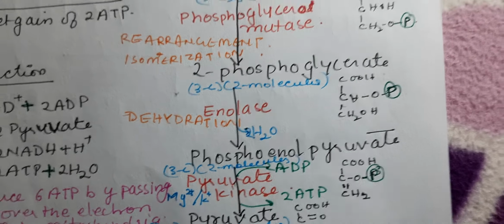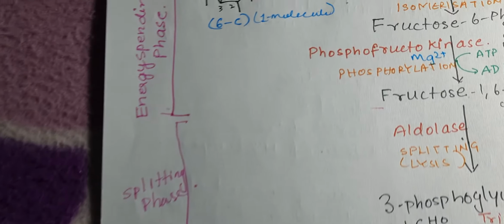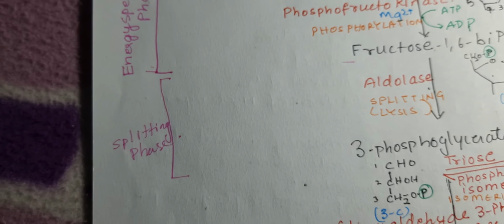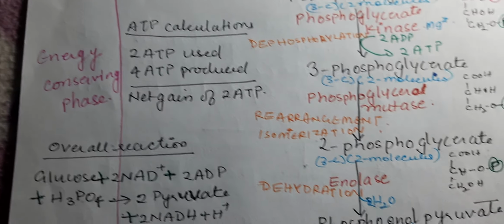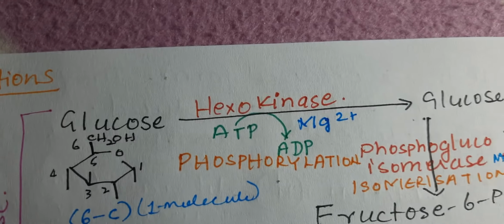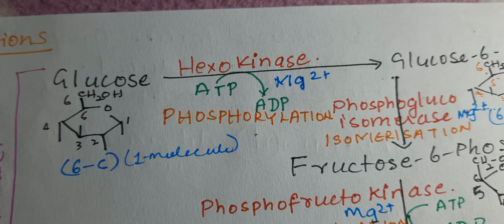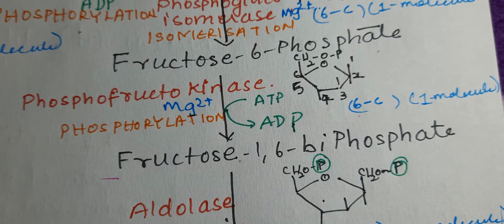Okay, so if you see the ATP calculation, 3 phases are there: energy spending phase, splitting phase, and the energy conserving phase. So during the energy spending phase, here you can say ATP is used, here 1 ATP is used.